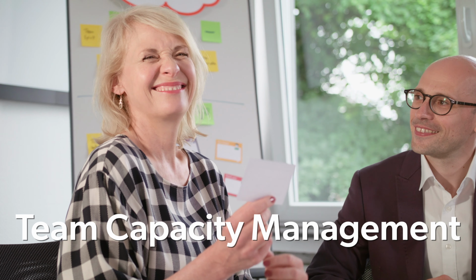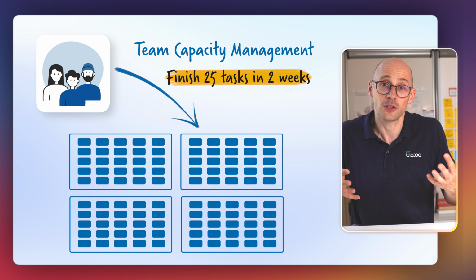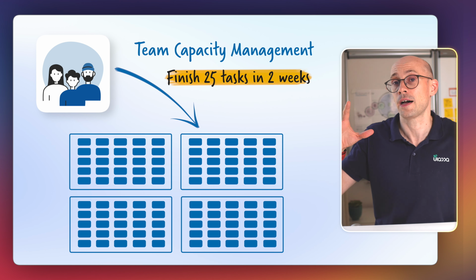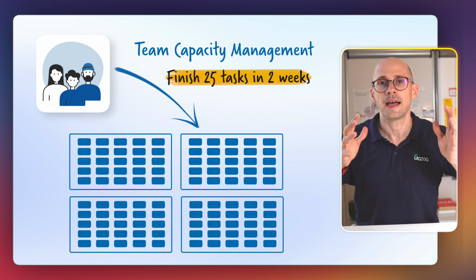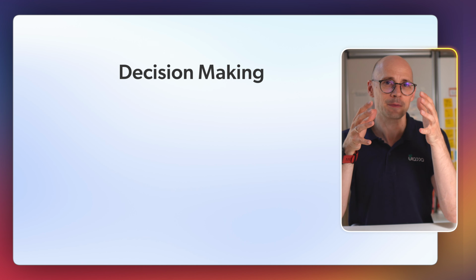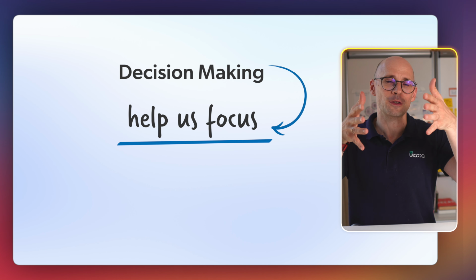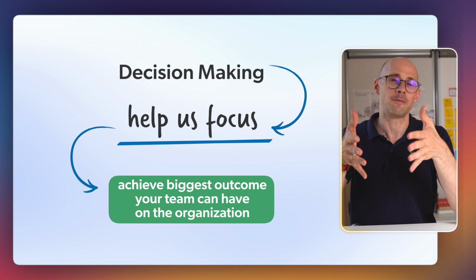When management is pressuring you as a team to finish 100, what can you say? You can say, sorry, our capacity over the last 5-10 weeks has been around 25. So we can finish 25, but you decide what they are going to be, because that helps us be clearly focused on the biggest outcome your team can have on the organization.